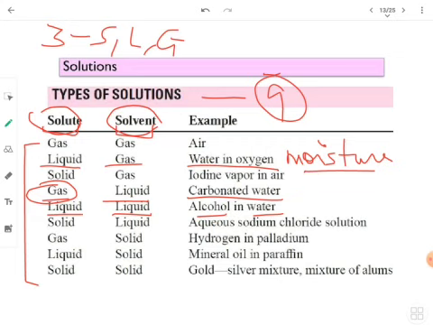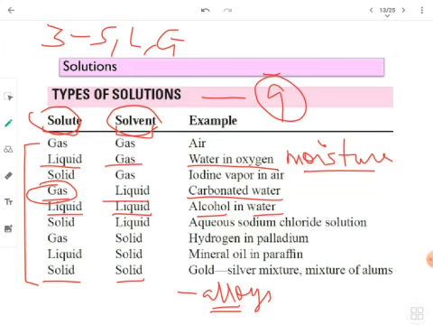Then if I talk about solid in solid, now solid and solid can also form a solution in the form of alloys. Alloys is when two or more metals are fused together to form another type of solid mass. So that is an alloy when both your solute and solvent are present in the solid state, and it is uniform throughout.